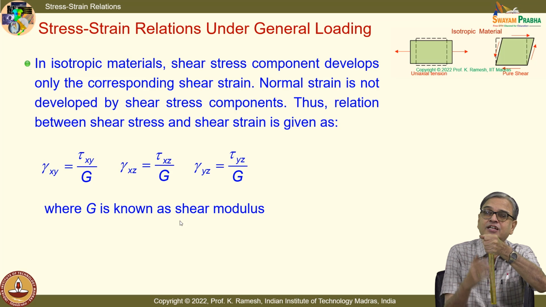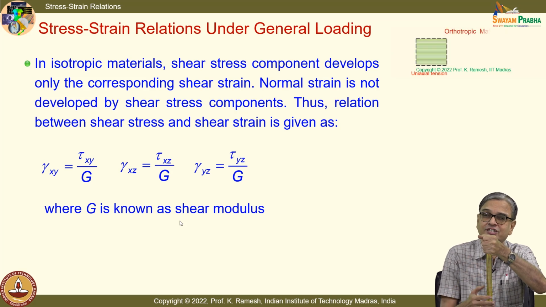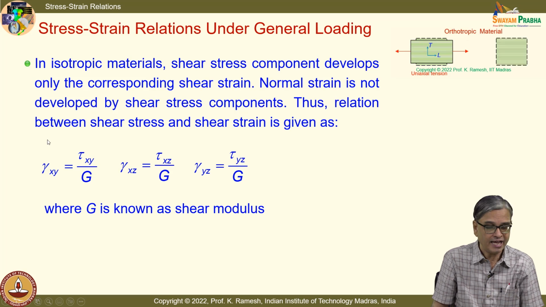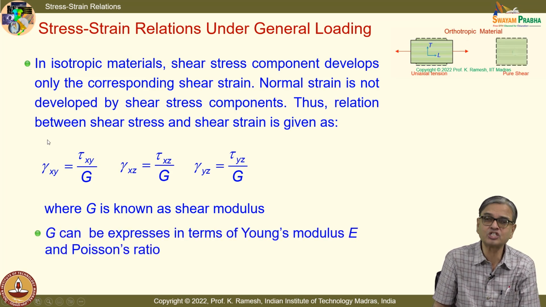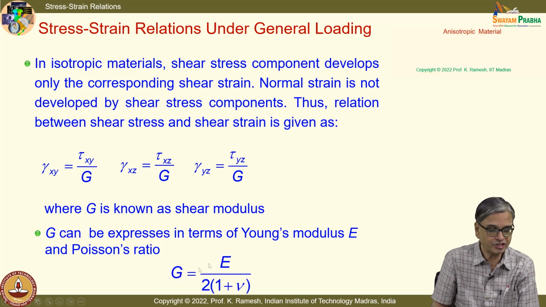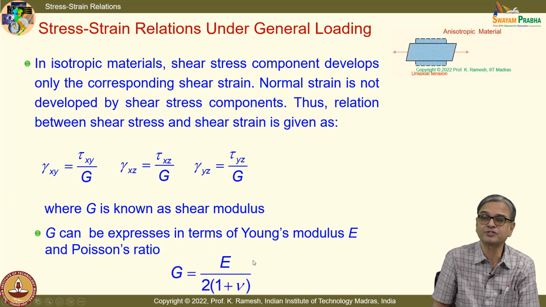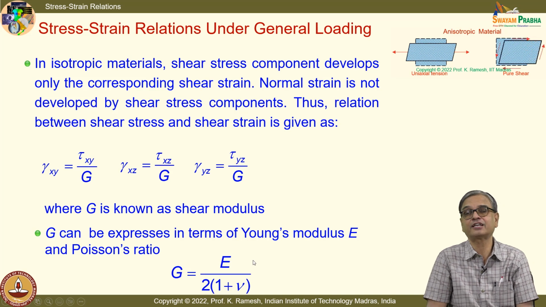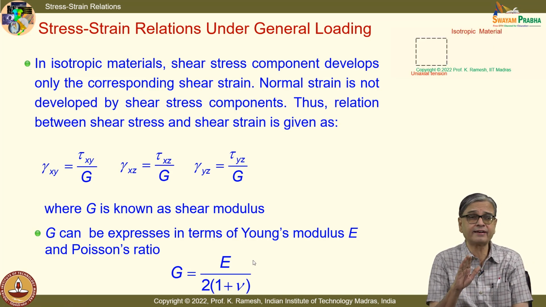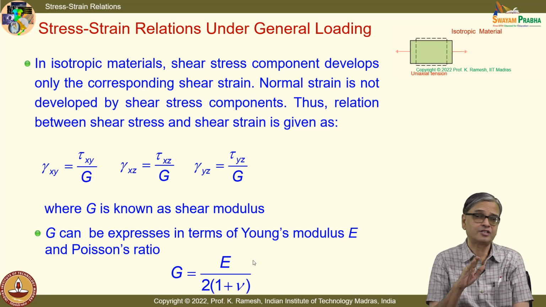I can find out the shear stress and also the shear strain and draw a graph, and you will get a straight line, and your G is much smaller than Young's modulus. G is related to Young's modulus as G equal to E by 2 into (1 plus nu). It's a very famous relationship. We will also see how to prove this relationship. It's not that you have to look at this relationship and just remember it.